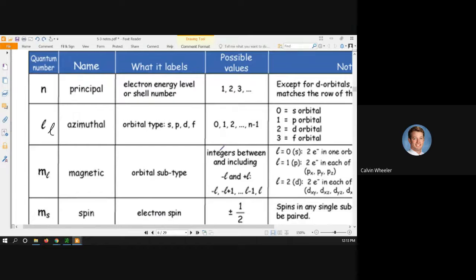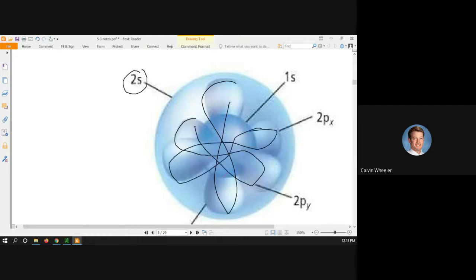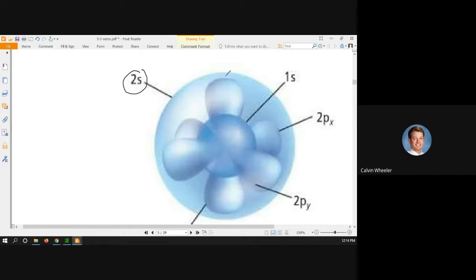Next up, so getting more precise with our electrons, is the magnetic quantum number, the orbital subtype. Let's go back up here. So you can see that, for example, these p orbitals here, here, and here, those p orbitals are aligned on different axes.